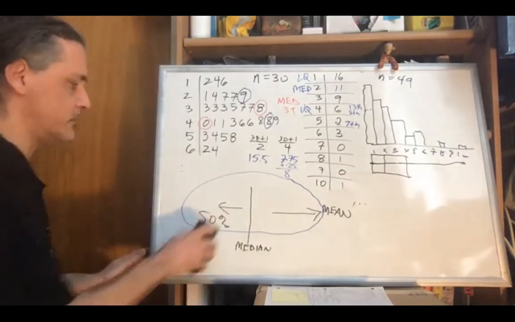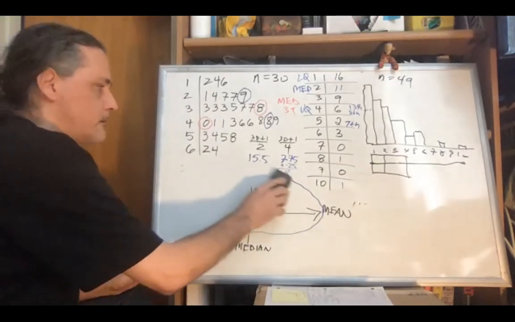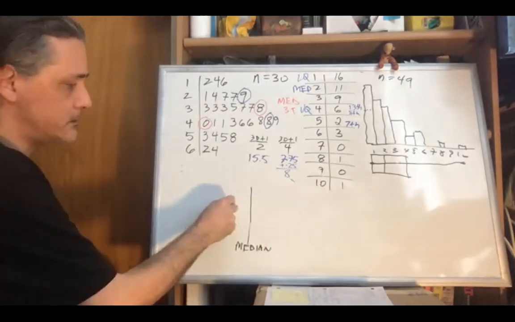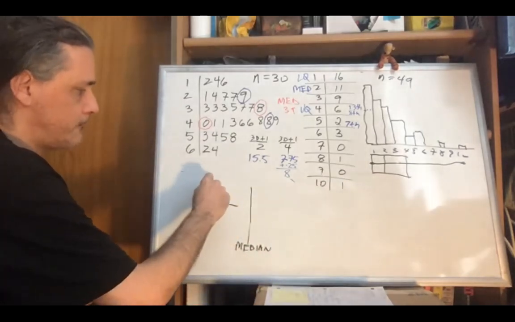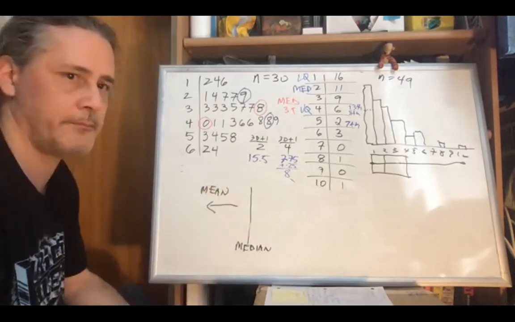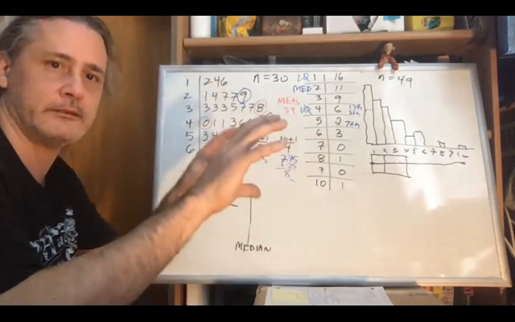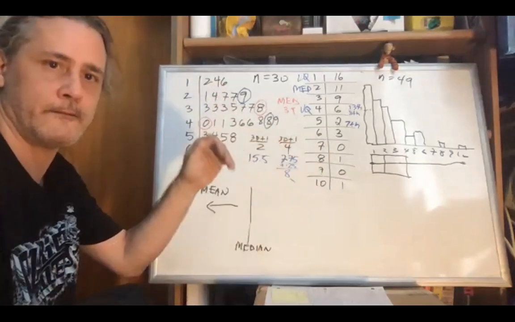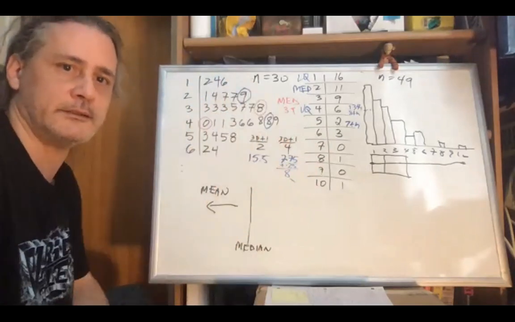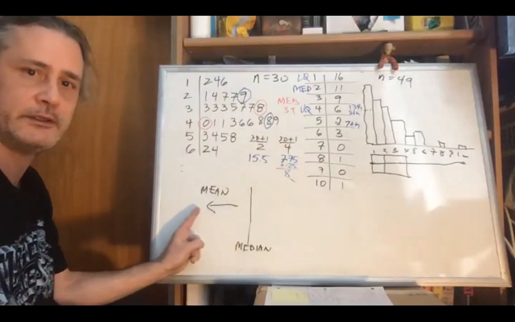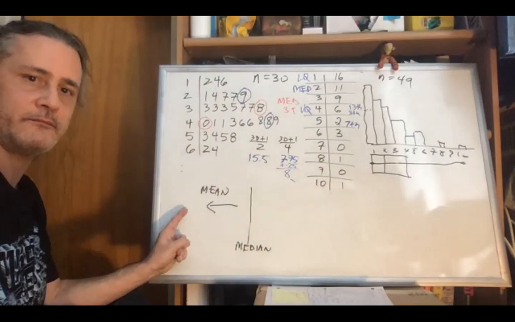All right, now what about the other way around? What if the mean shifted this way? And that's what happened on the Thursday warm-up when we had the two classes A and B. The means were less than the medians. So the means were shifting to the left.